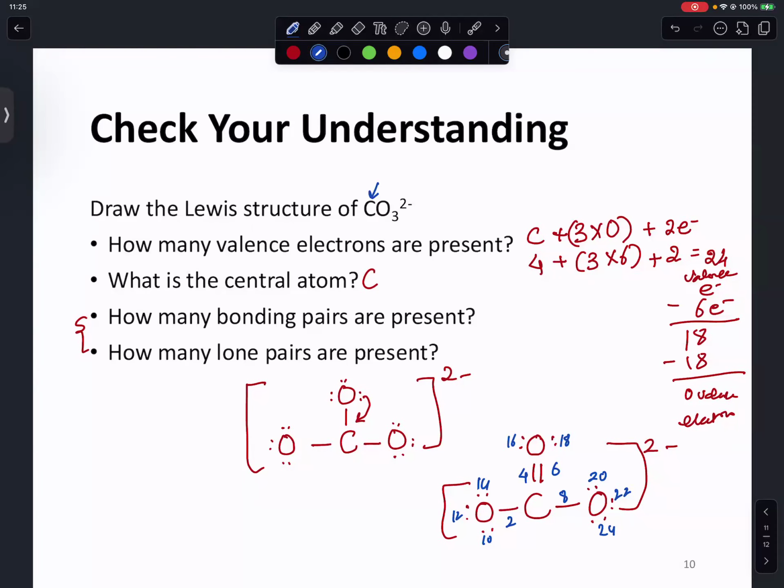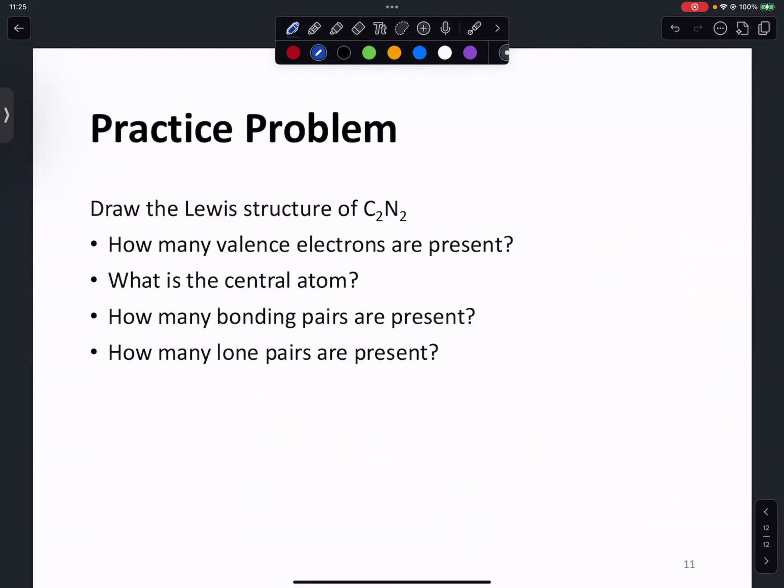Okay, now I want you to pause the video and attempt to do this problem on your own. This is a little bit different than the one that we did before, but it should be simple. And I'm going to start by counting the valence electrons. So valence electrons right here are going to be 2 times carbon plus 2 times nitrogen.